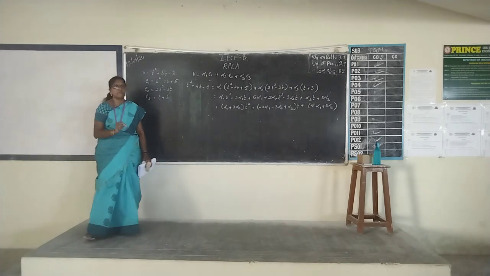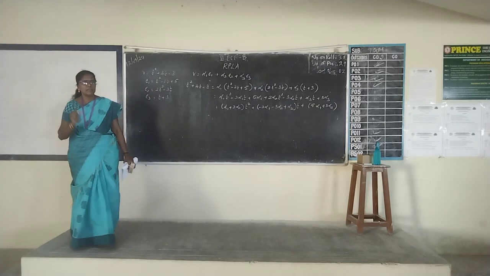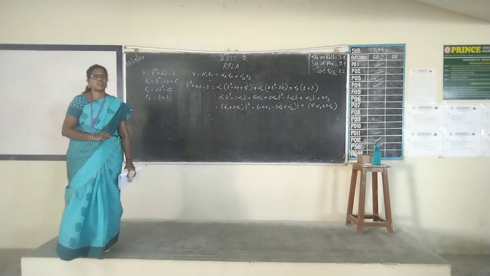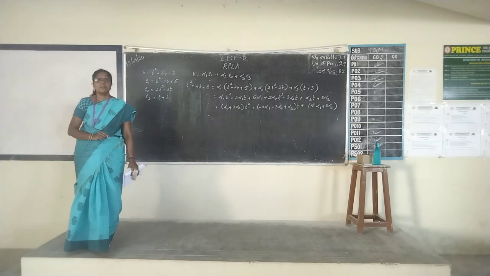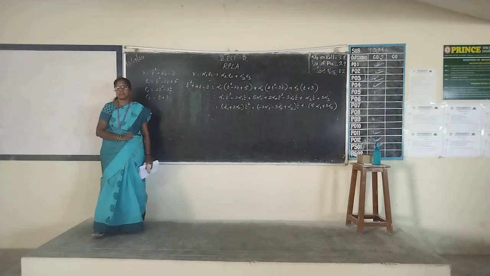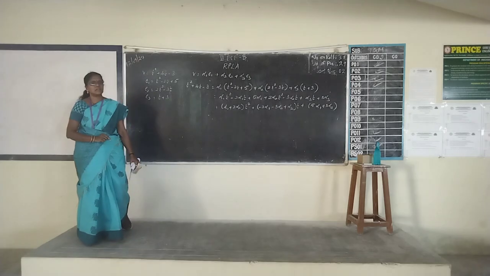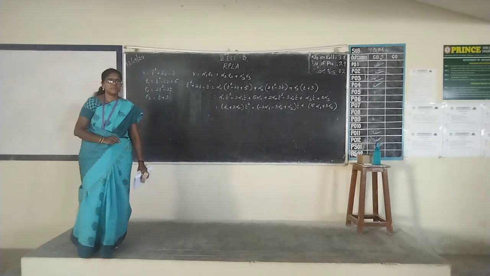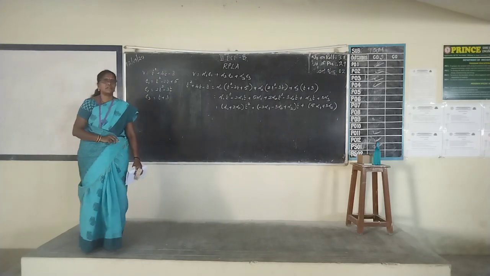We are going to solve it and find what is alpha 1, alpha 2 and alpha 3. Okay, so write, equating the coefficients on both sides, we get.